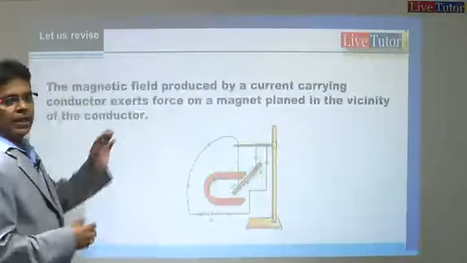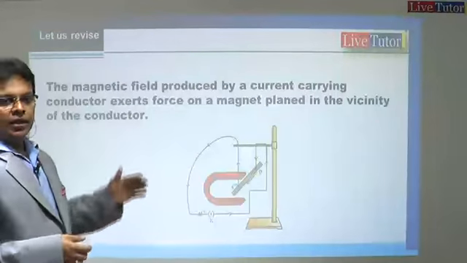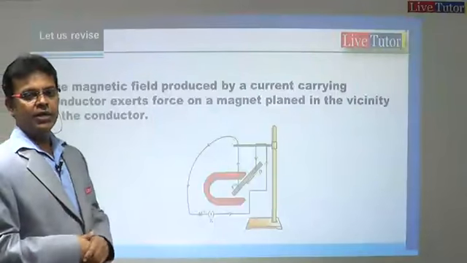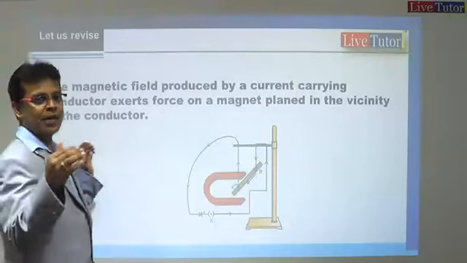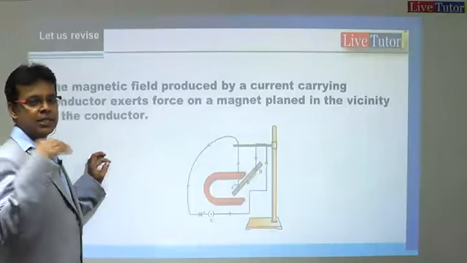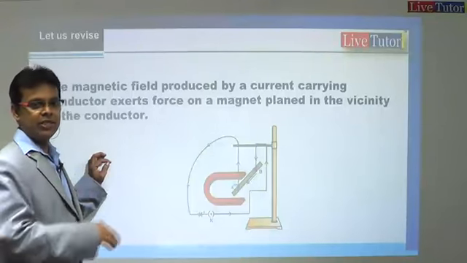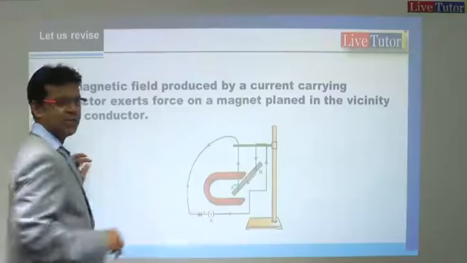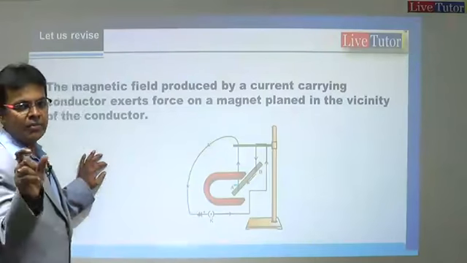Right. The next one, the force on the current carrying conductor we have learnt. The magnetic field produced by a current carrying conductor exerts force on a magnet placed in the vicinity of the conductor. What is that vicinity? Do you know the meaning of that word?